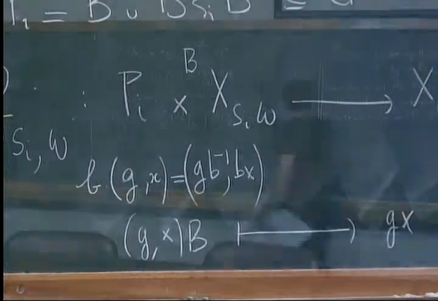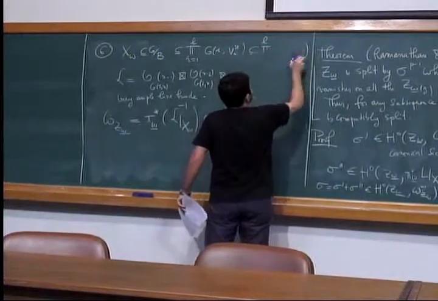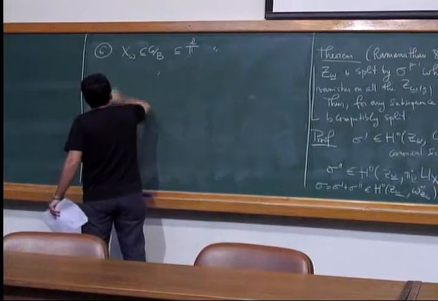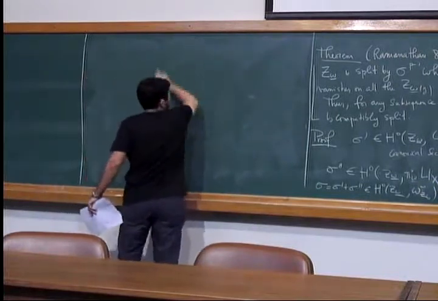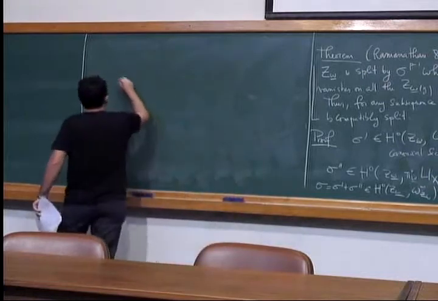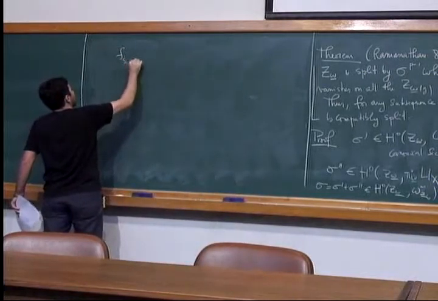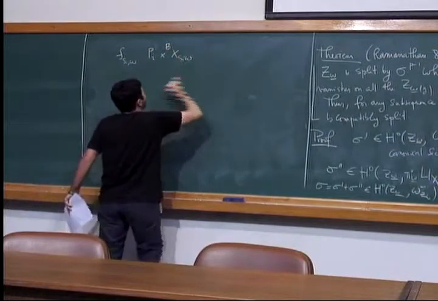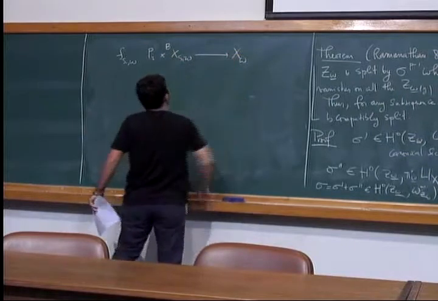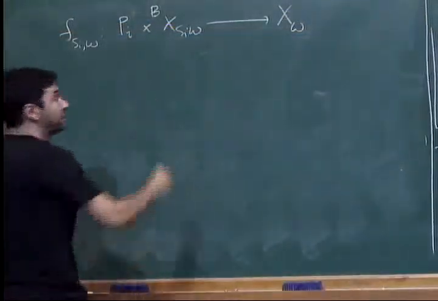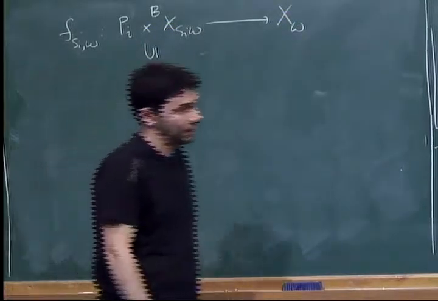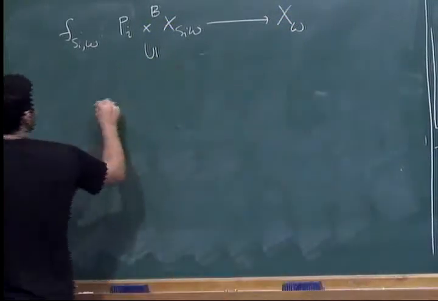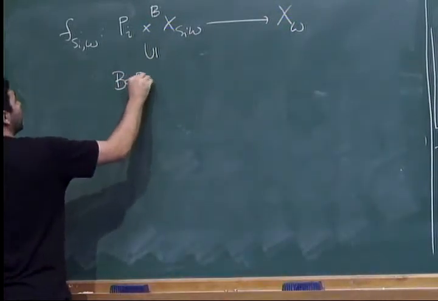So now there are two properties. You have your F Si omega, so inside here you get the part corresponding to B Si B. This is contained in Pi.